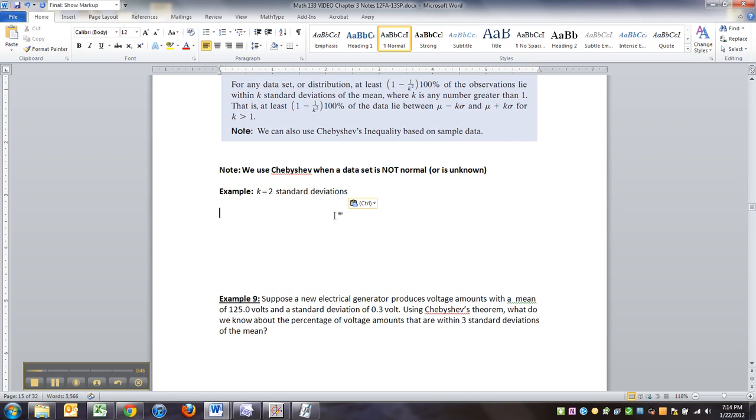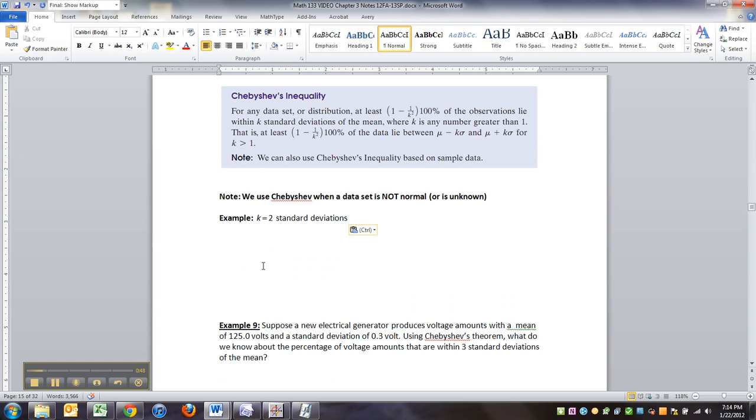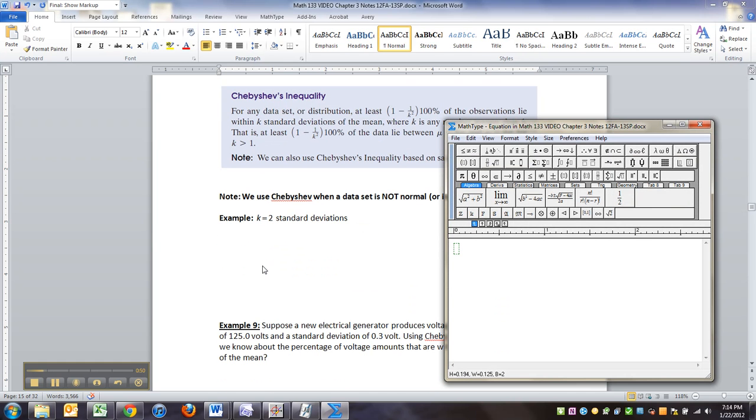So what we can do is we can say, okay, if you have 2 standard deviations, then we know that at least, and then there's this formula, 1 minus 1 over k squared, times 100%.